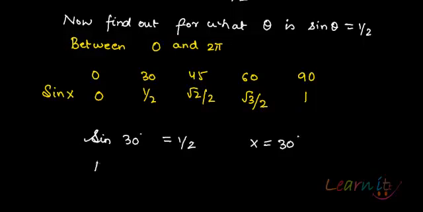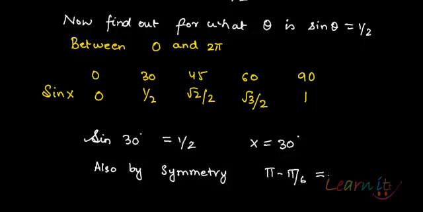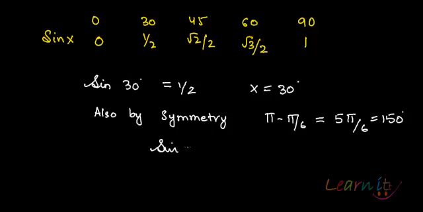And also by symmetry, because we know that sine repeats itself periodically, it will be pi minus pi by 6. So the same value will hold for the angle 5 pi by 6, or 150. So sine 150, or pi minus pi by 6, will also be equal to half. So in this case, what do I have?